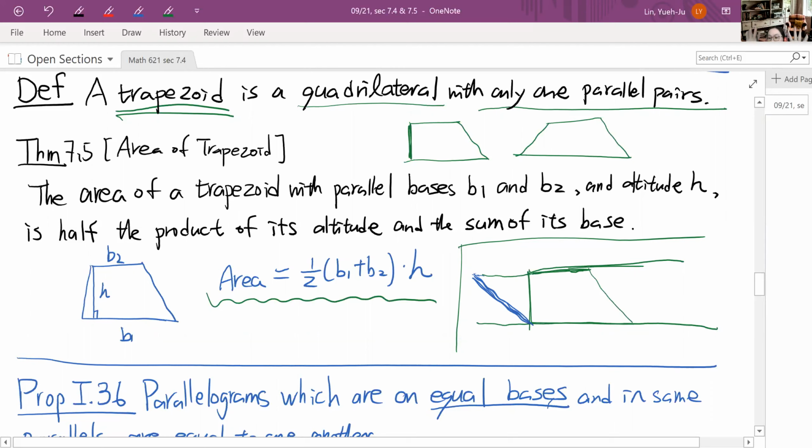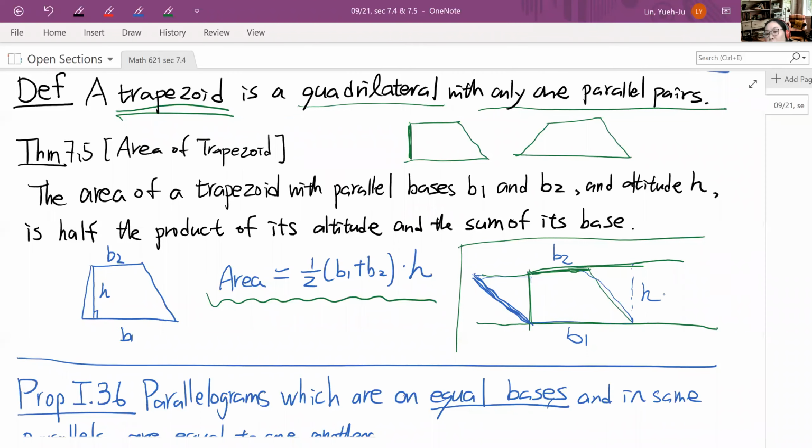On the existing trapezoid, whatever it looks like, you can build a larger parallelogram, and you can see that the larger parallelogram consists of the existing trapezoid plus a triangle. With the same information, this is B1, this is B2, and this is h.